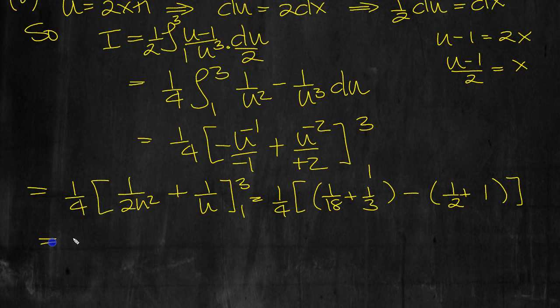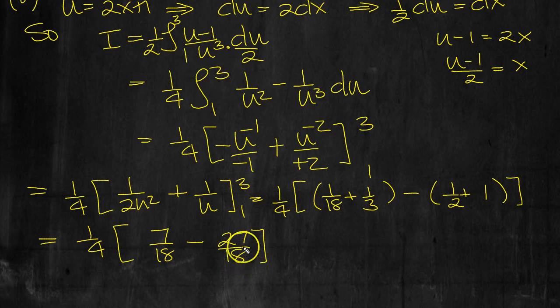Okay, so that's equal to then 1/4. A third, 6/18 plus 1 more, 7/18. This one is minus 3 over 2, minus 1.5. In terms of 18ths, 27 over 18, that's 1.5, isn't it? Yep, that's fine, that's minus 3 over 2.